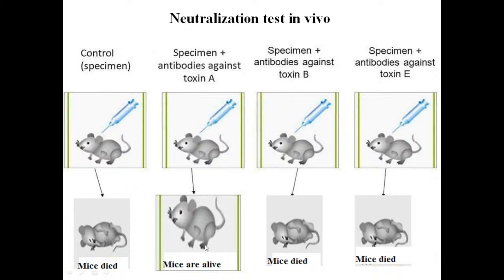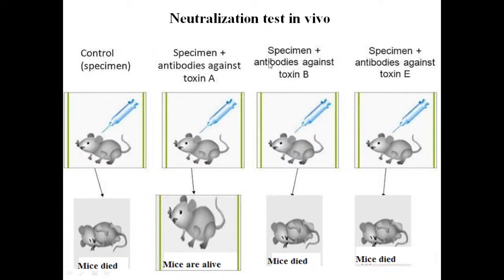That's why mice are alive. In the third group, we inject a mixture of specimen with antibodies against toxin B. What happens here? We can see that mice died. Why? Because toxin was not neutralized by antibodies, by antitoxic serum.